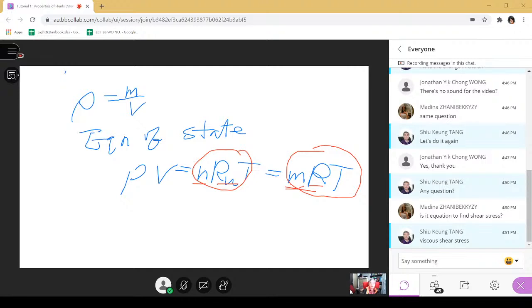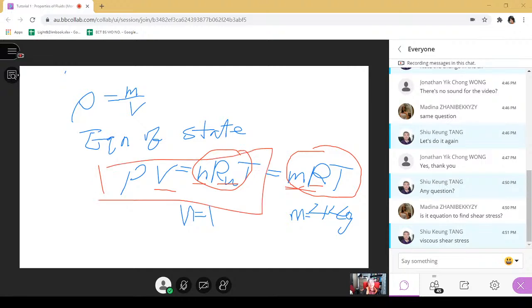Now because you are given a molar mass, n is equal to 1, and of course m is equal to 44 gram. You are given the universal gas constant, so the easiest way to calculate the volume is to use this expression of the equation of state.